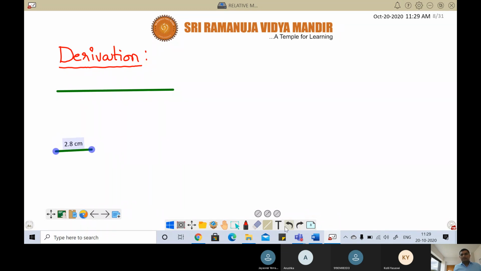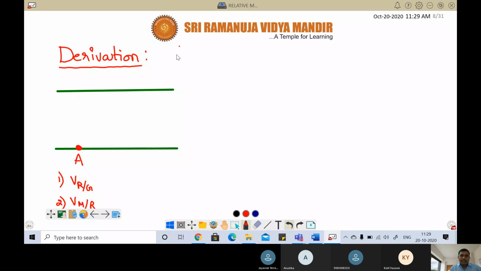Let us say this is the river, and this is some point A. There are three quantities, as I told you. One is the velocity of river with respect to ground. The second one is the velocity of man with respect to river.